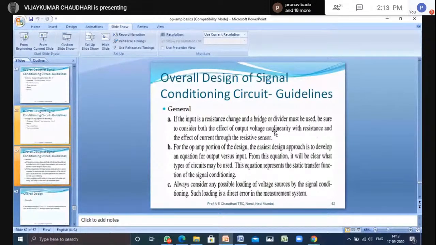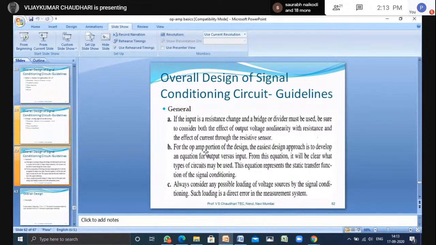If it is nonlinear, then it has to be linearized. And the maximum current capability of that sensor resistor, or a bridge, or a voltage divider, the current carrying capacity of the resistor must be considered. Otherwise the sensor will be damaged.